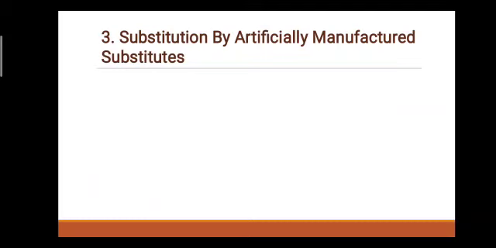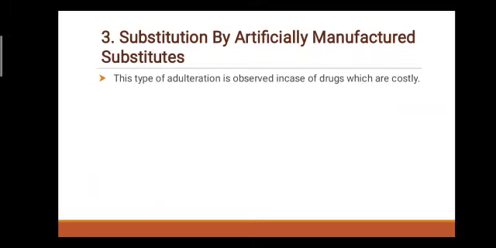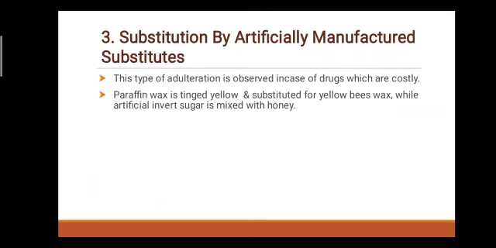Third, substitution by artificially manufactured substituents. This type of adulteration is observed in case of drugs which are costly. Paraffin wax tinted yellow is substituted for yellow beeswax, while artificial invert sugar is mixed with honey.